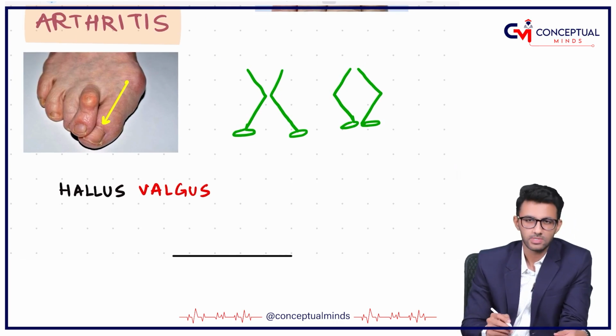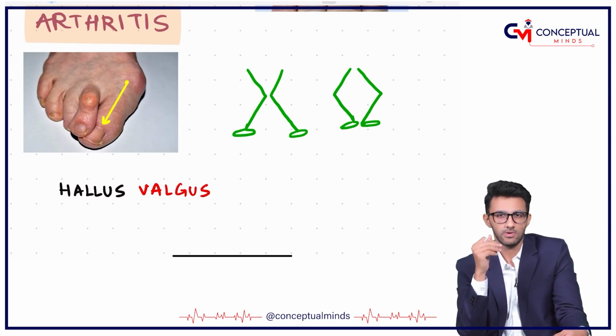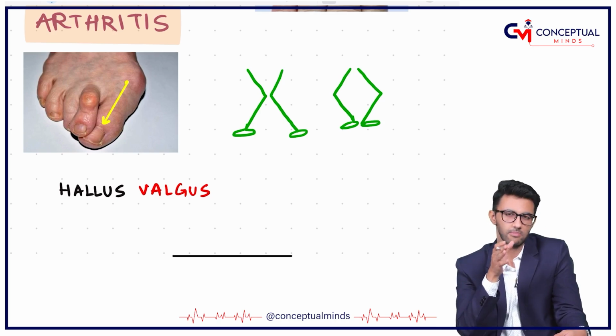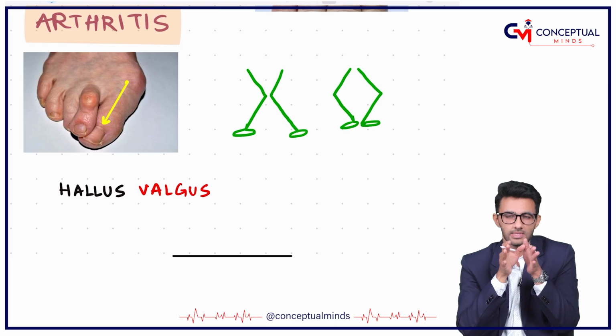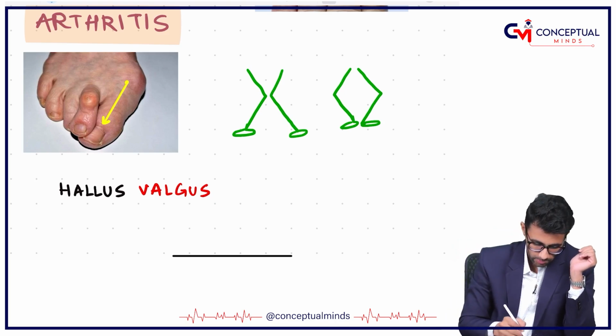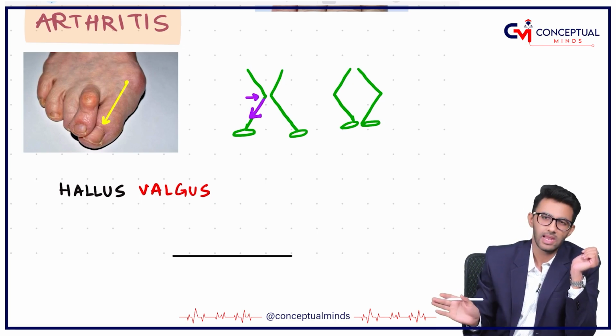First of all, we have to see the deviation after the joint. In the example of the knee, after the knee, where are the legs, where are the feet going?